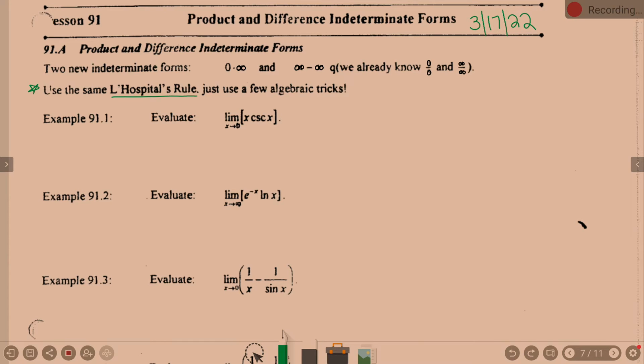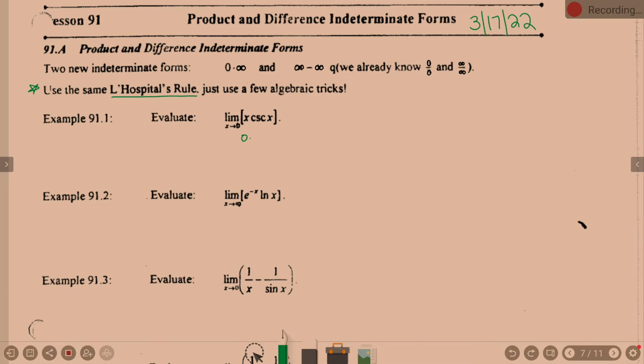So x times cosecant x would give us x over sine of x, which when you plug in 0 is 0 over 0, right? So you're kind of already skipping right ahead, but yes. Okay. If we look at it as is, if you put in 0 for x, that's going to be 0 times cosecant of 0.